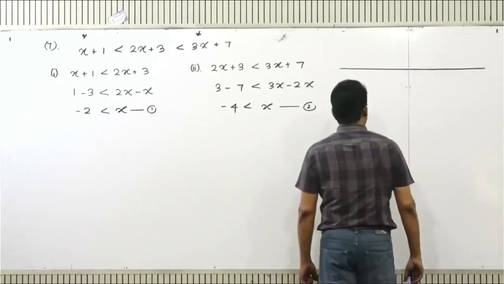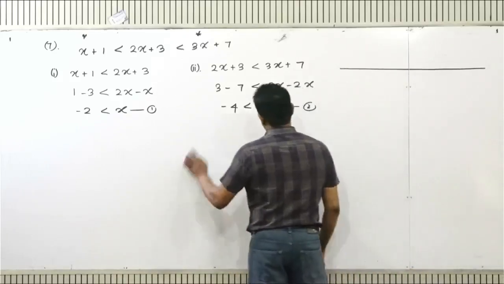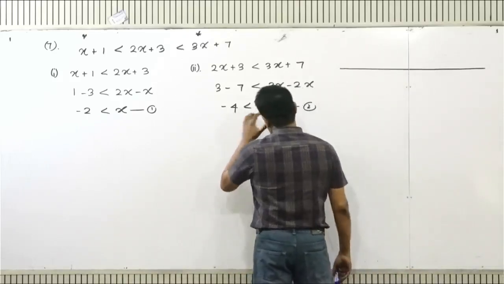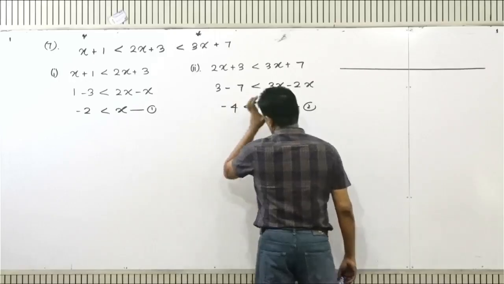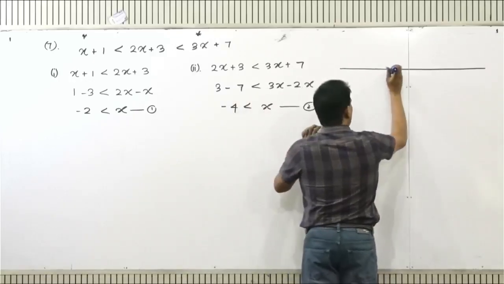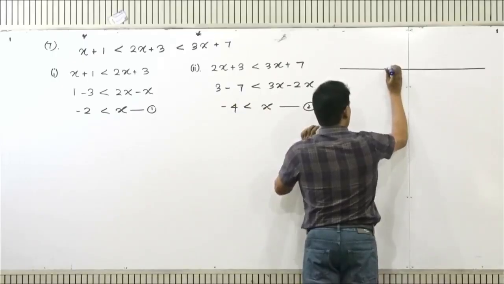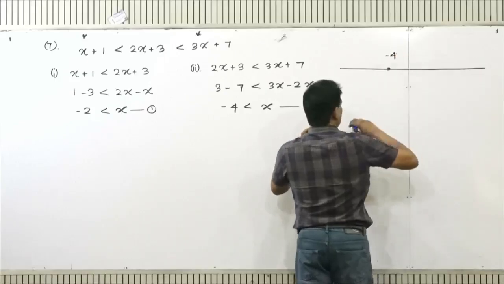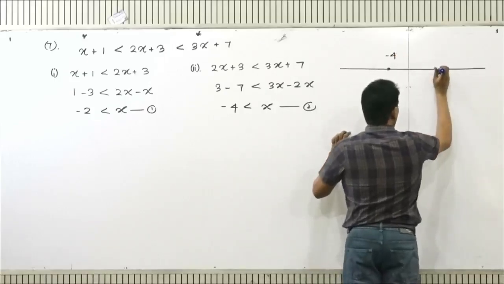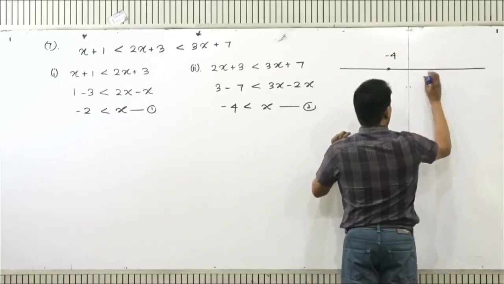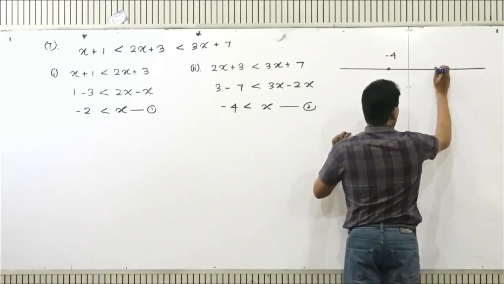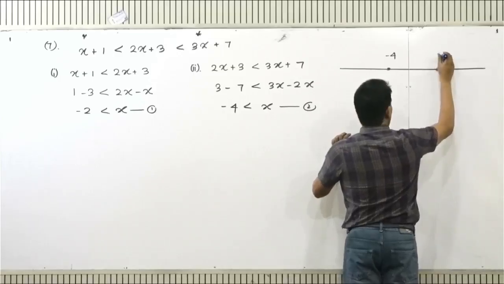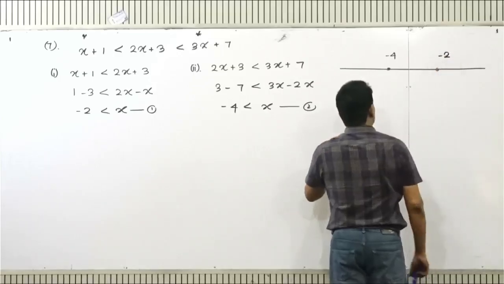If we draw a straight line, then we have to mark on that line negative 4 and negative 2. I put a dot here and draw a small circle around that dot. I mark near it negative 4. Then I mark a dot to the right of that dot and put a small circle around it. Then I put negative 2.